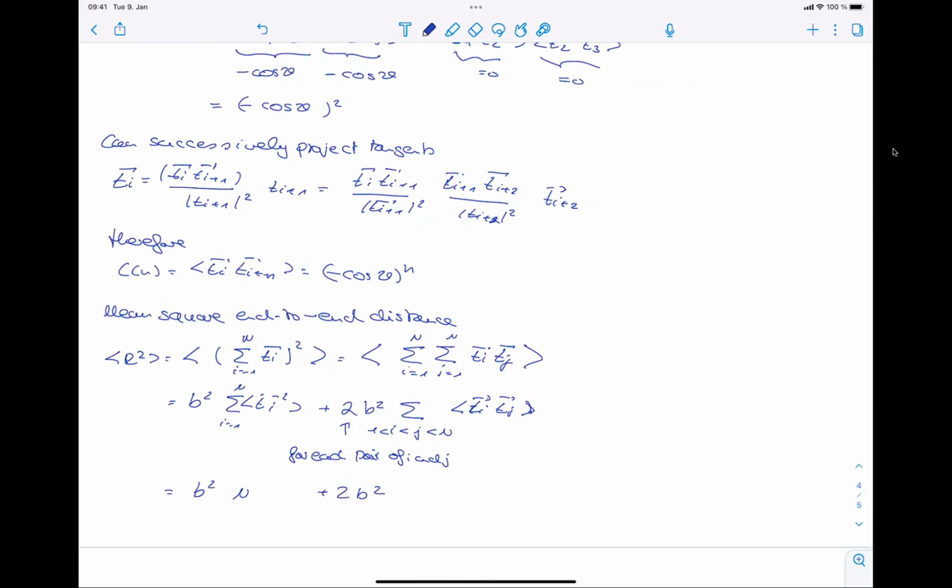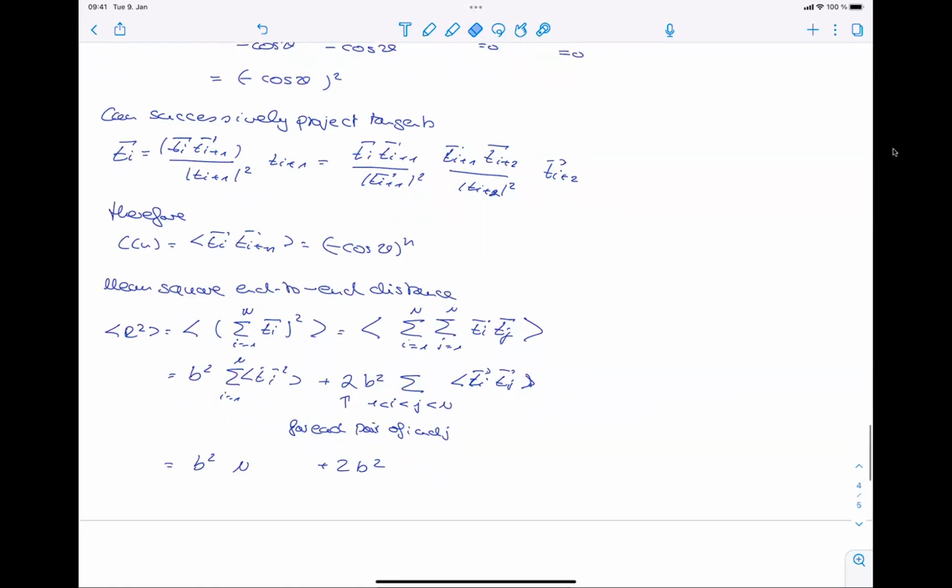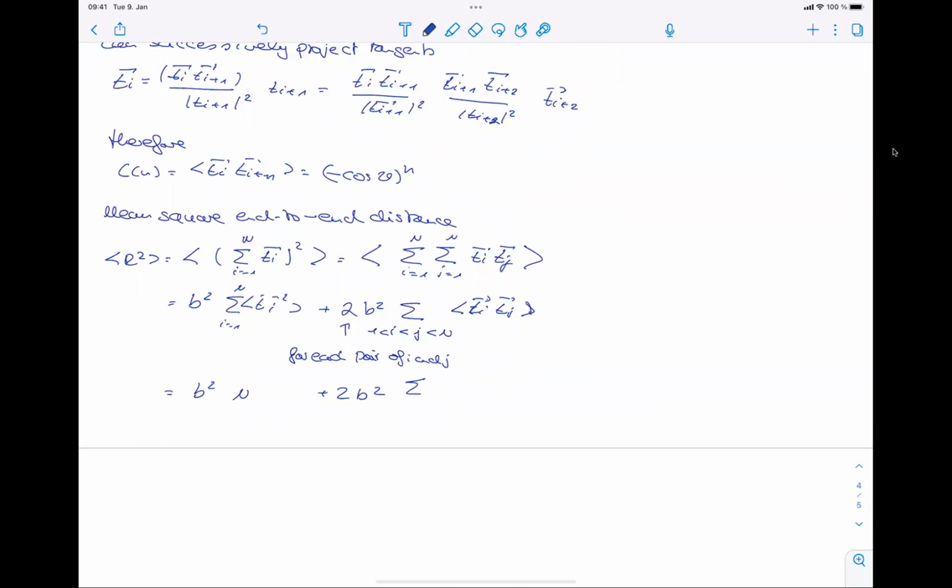And then I can rewrite this sum as I from 1 to n and s from I to n minus 1, such that then I have ti plus s.